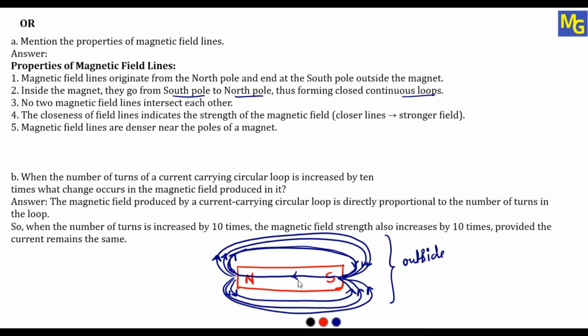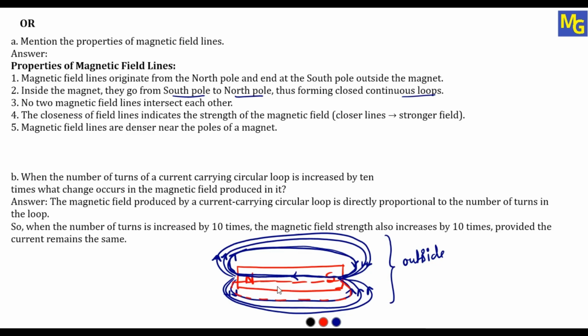See here, inside the magnet, it is going from the south to the north and completing the circuit. See, if I change the color, if this is the line, emerging from the north, going towards the south, merges at the south, and once it goes to the south, inside the magnet it goes like this to the north.